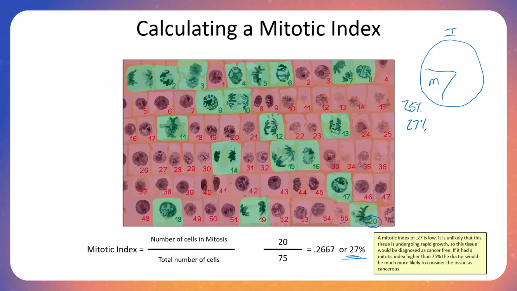So you would expect this mitotic index to be very indicative of a normal cell. If the cell is unregulated and is producing too much cell division, you would expect the cell to be in M phase longer, or more cells in M phase, because it's speeding through the interphase and replicating itself in M phase. So you would expect this mitotic index to go way up, as high as 75%.